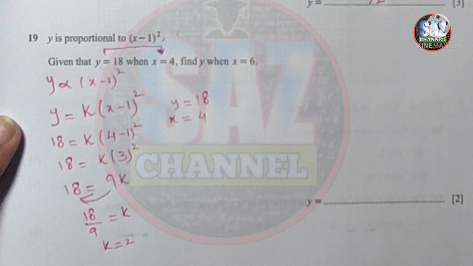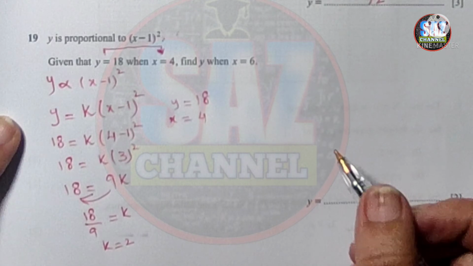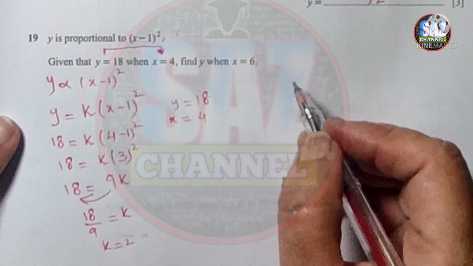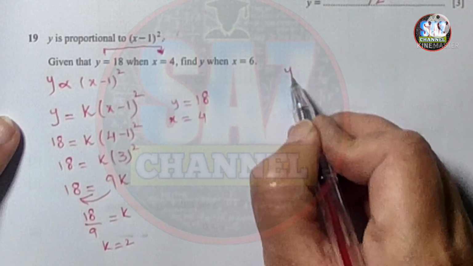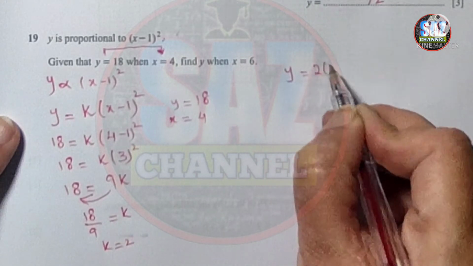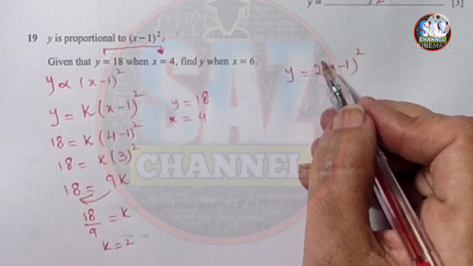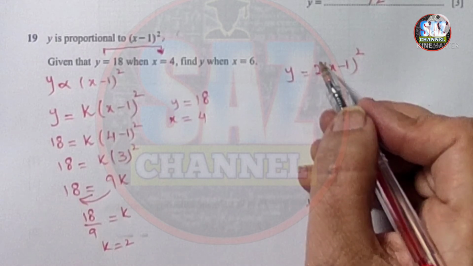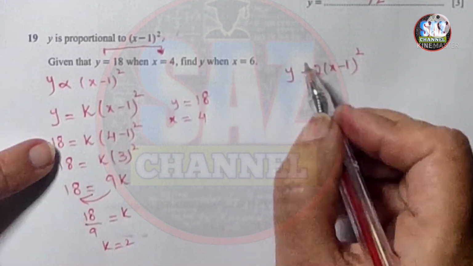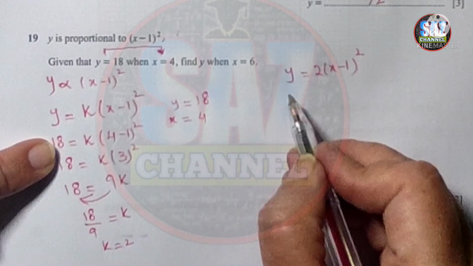This is the answer for the constant of variation, and the constant of variation is 2. So the equation will take the form y equals 2 into (x minus 1) whole square. First part is done, and the second says that we have to find y when x is 6.